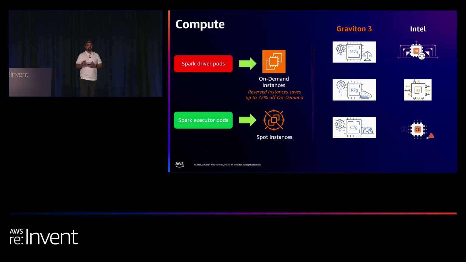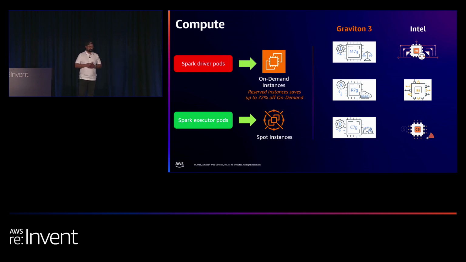For Spark executor pods, you can use Spot instances with the help of Karpenter or autoscalers. You can scale up and down. And even if the executor pods get deleted or the nodes are interrupted by Spot, the driver can still spin up those executors on a new node and continue the process.